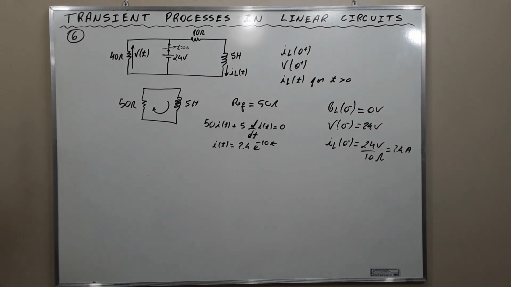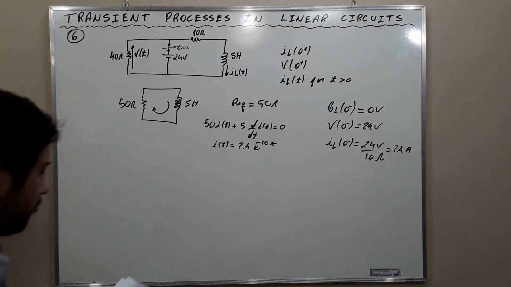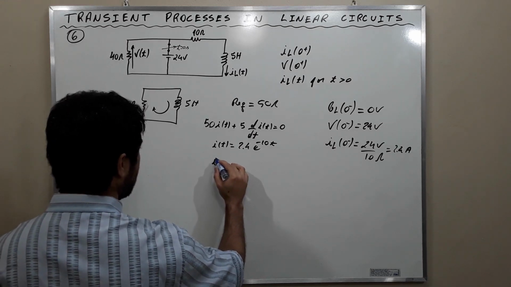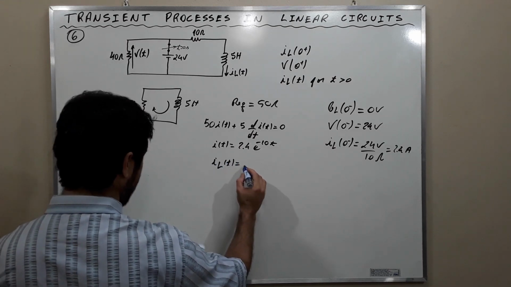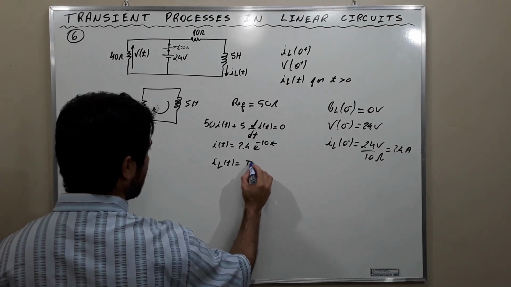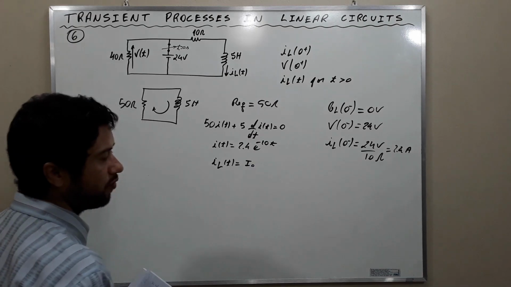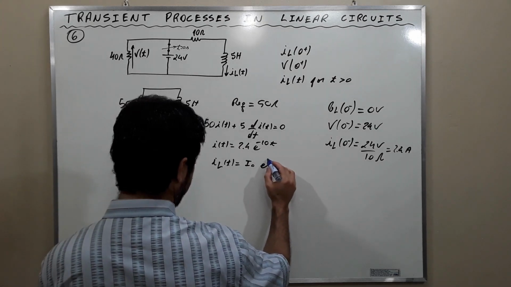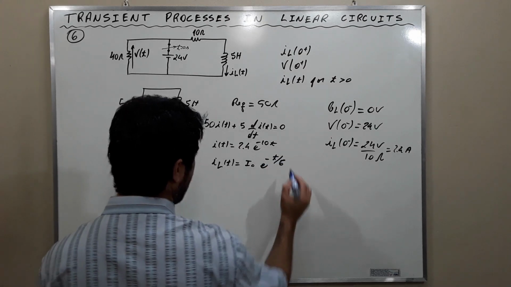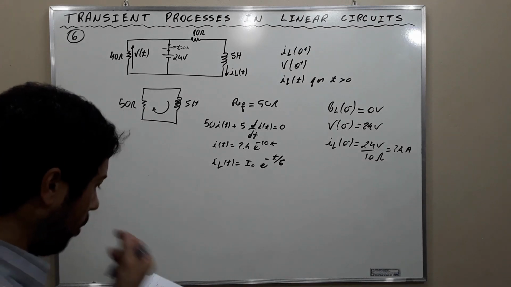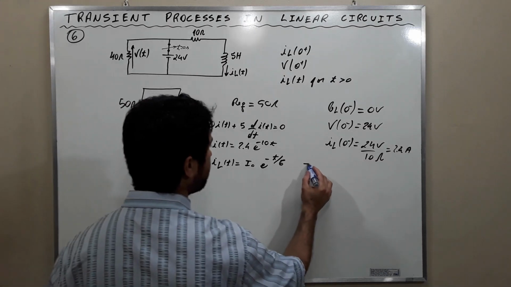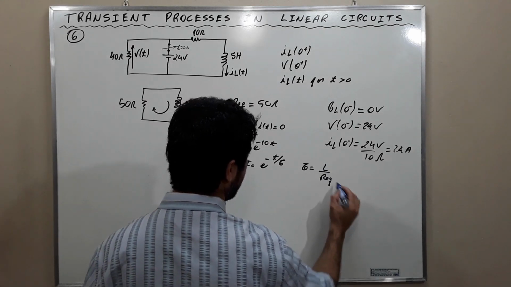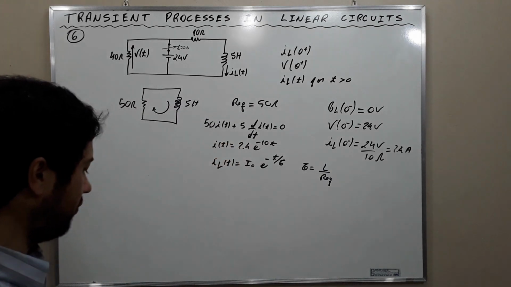Where the time constant is of the sort I0, the initial value of the current, times e raised to the power negative t over tau. Where this tau is equal to L over the equivalent resistance.